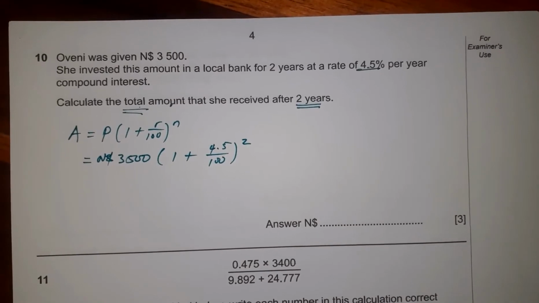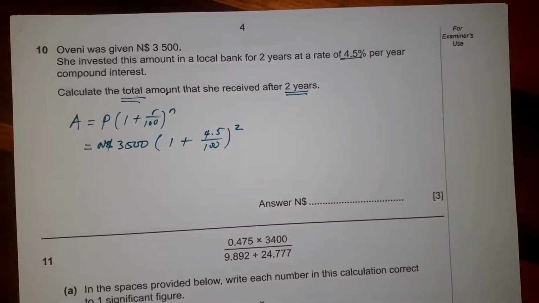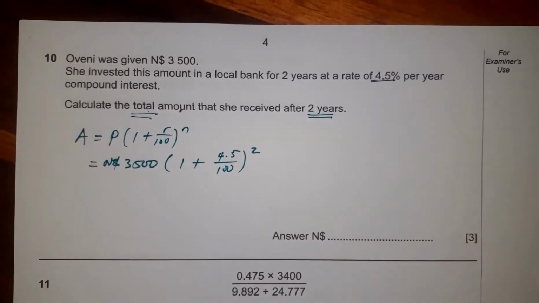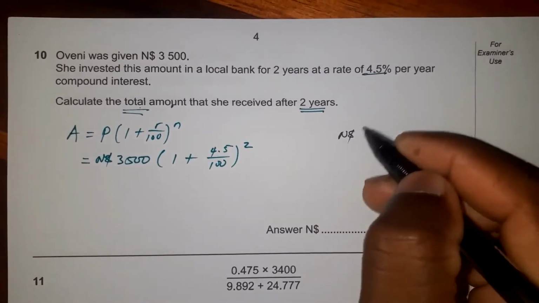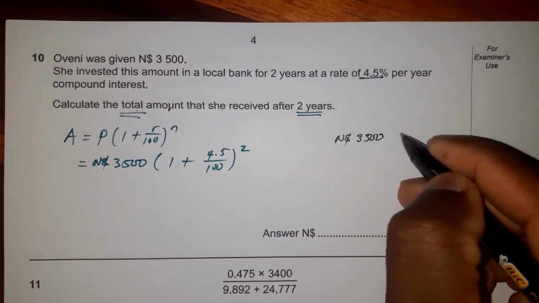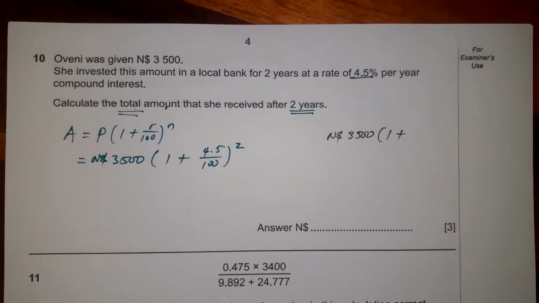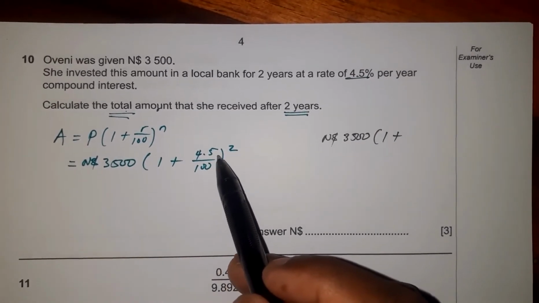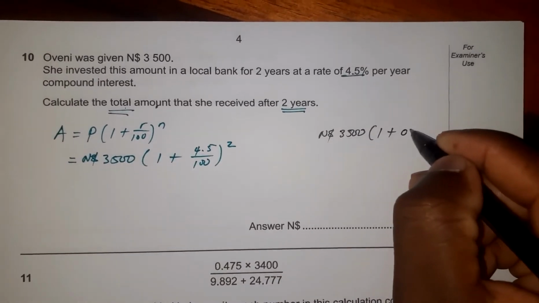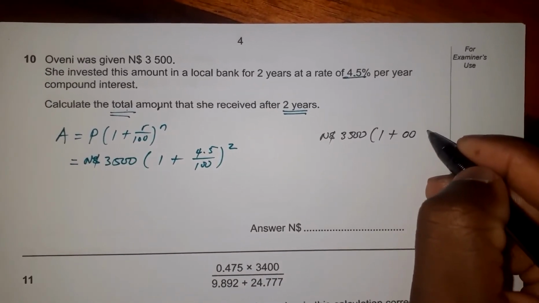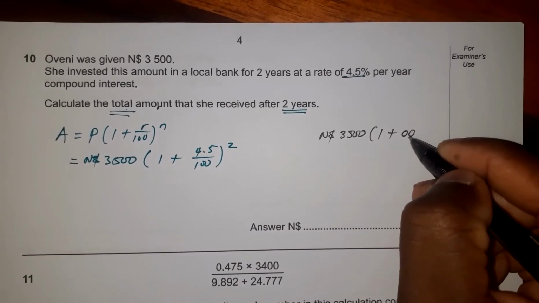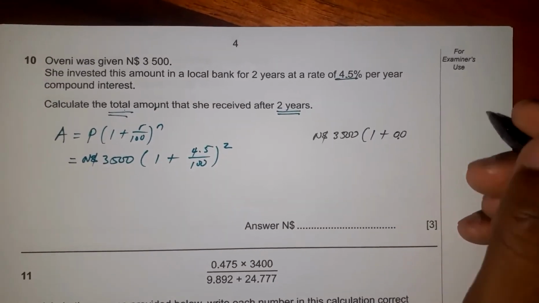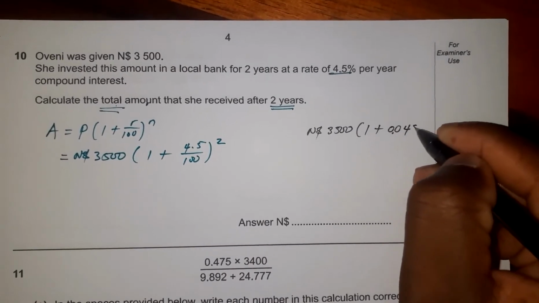Now you should keep in mind, like I said, in other countries, what they would do, they would write this way: 1 plus 4.5 you divide by 100, it is 0.045, like that.